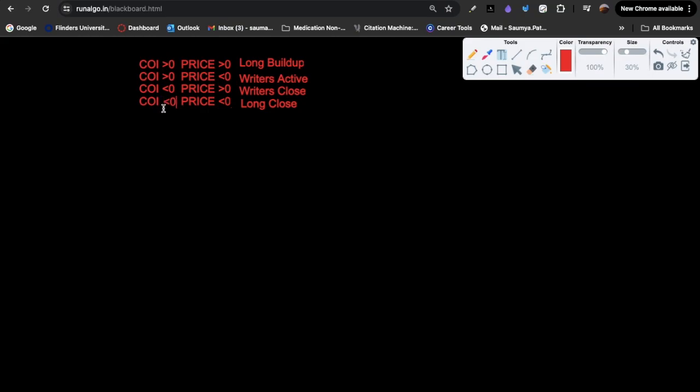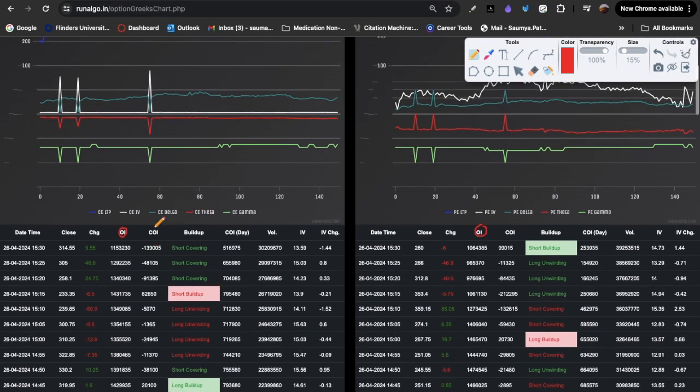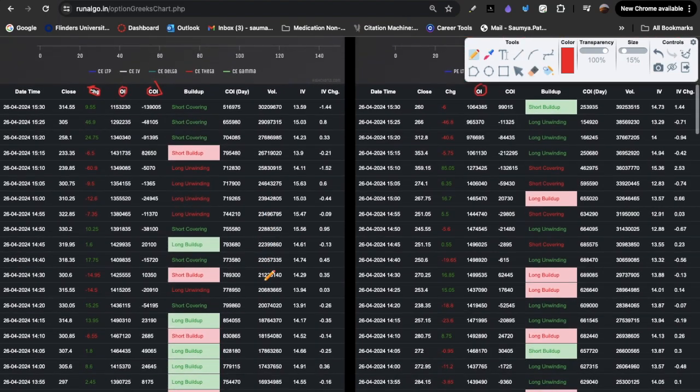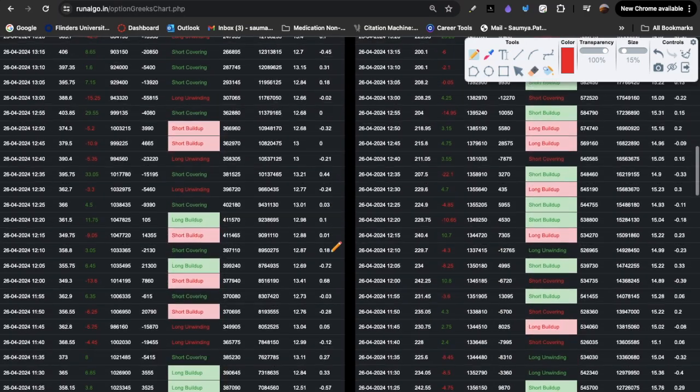Now we know what is happening in the option, but we are still unclear if it's done by big players or small players. For that, if there is writing happening, if our conclusion is writers active or short build up, we'll look at the IV change from the morning or the last 5-10 minute candles.